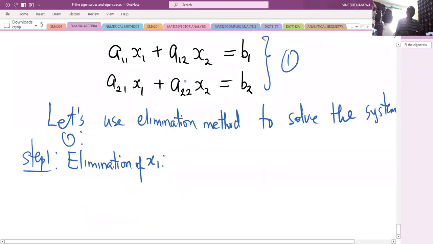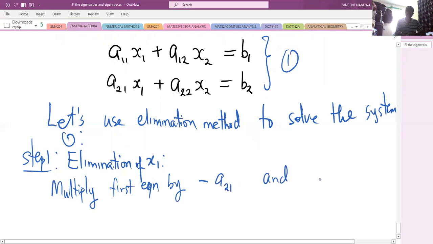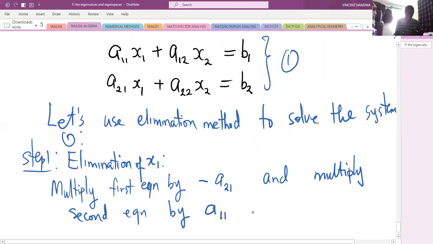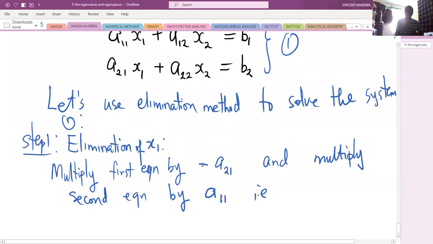So we can say multiply the first equation by minus a21 and multiply the second equation by positive a11. I'm multiplying everything in the first equation by negative a21.